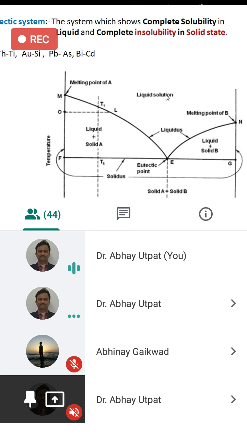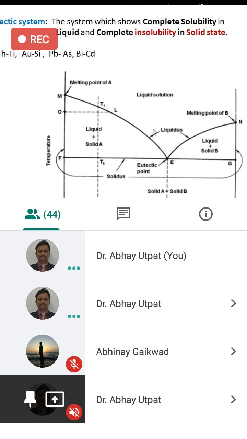Now I am showing the cursor on this liquidus line. See this line M, T1, L, E, B point. These points you read. It shows that as the amount of B increases, melting point decreases. Go on decreasing, and at 60% of B.